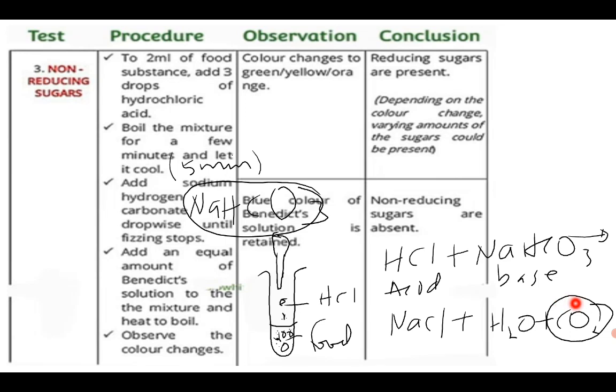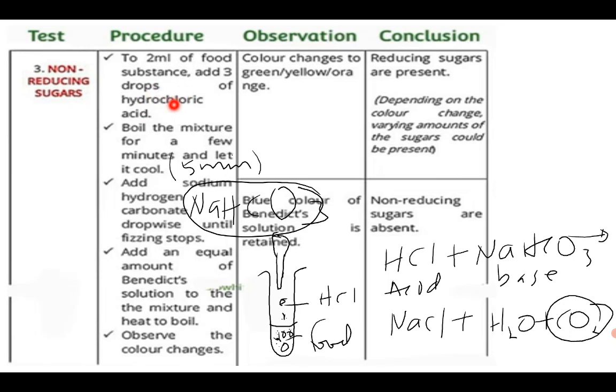The fizzing is because of the carbon dioxide that is being released. Then add an equal amount of Benedict's solution to the mixture and heat to boil. So you heat again, and observe the color changes.